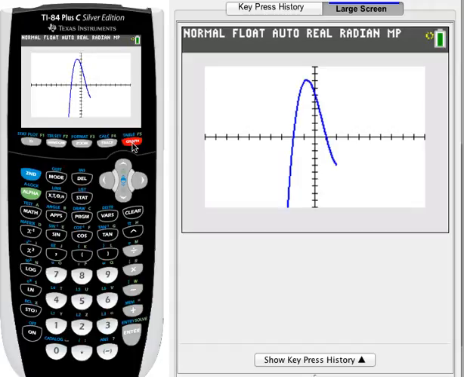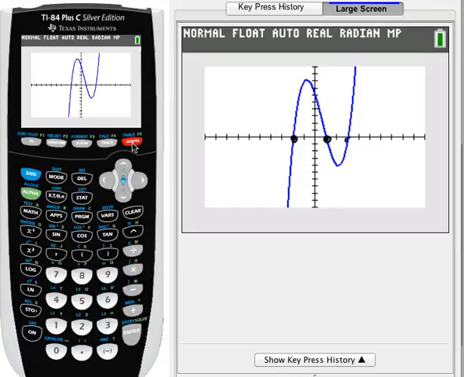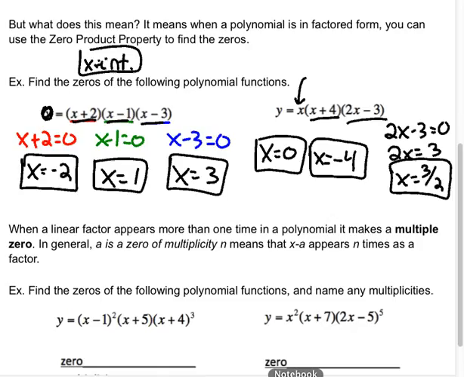So I do want you to have an understanding of what are we finding? Well, what we're finding is where that polynomial crosses the x-axis. That's what I mean by zeros, okay? Graphically, we're looking at those crossing points, okay? So just again, just so you kind of understand what we're looking at when we're finding these things, that is exactly what it is. We're finding where it's crossing the x-axis, all right?